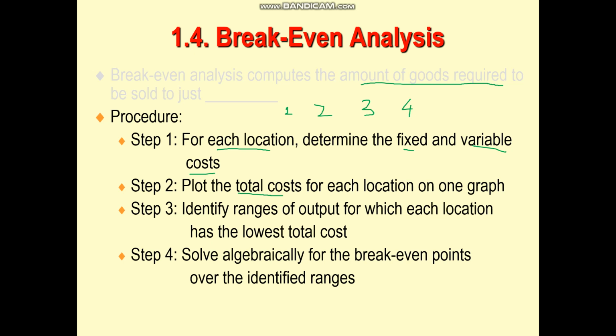And then we will solve to find the break-even points over the identified range. For example, the location 2 has the lowest total cost. So we have to calculate how many products they have to sell so that they can cover the cost of locating a new facility in location 2. Okay?